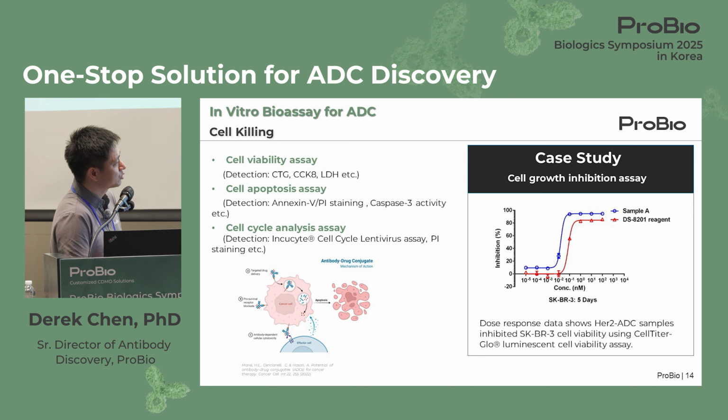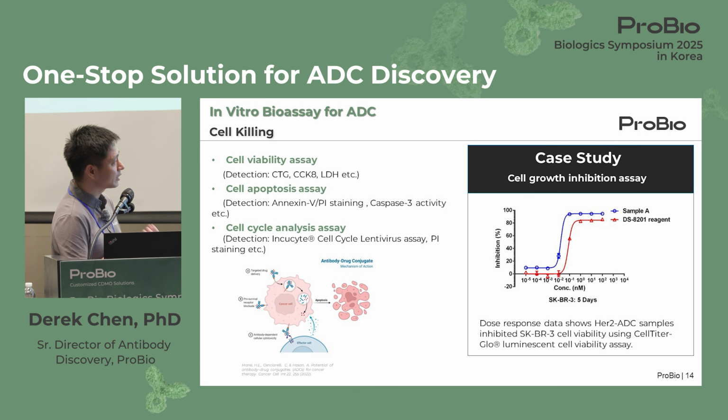After the conjugations, the first bioassay, the cell-based assay, is the most traditional cell-killing assay. The cell killing can be measured by either LDH or CTG or CCK8. In addition to cell viability assays, you can also do cell apoptosis assays or cell cycle assays to evaluate the drug efficacies.